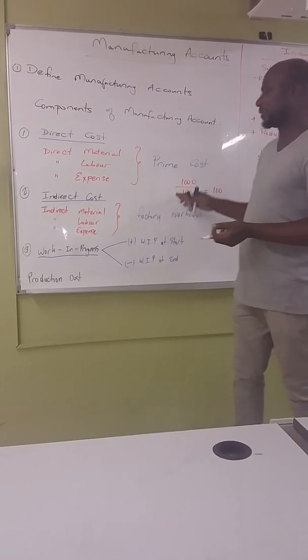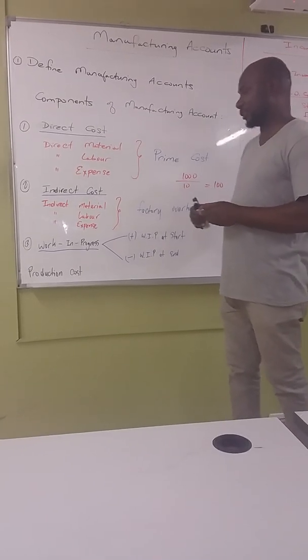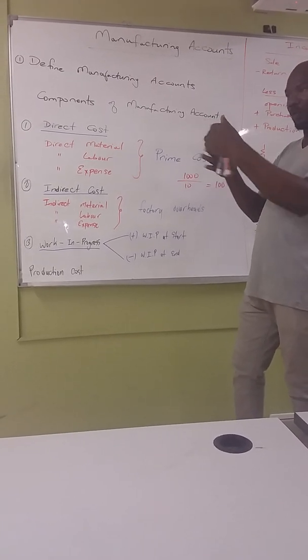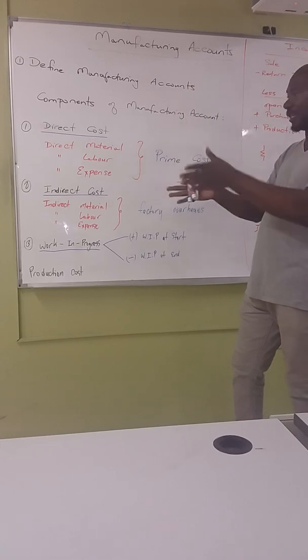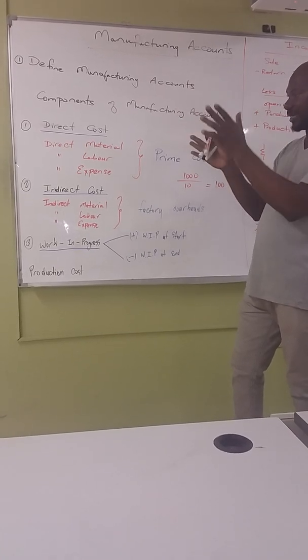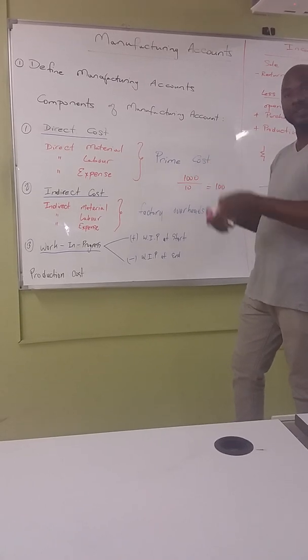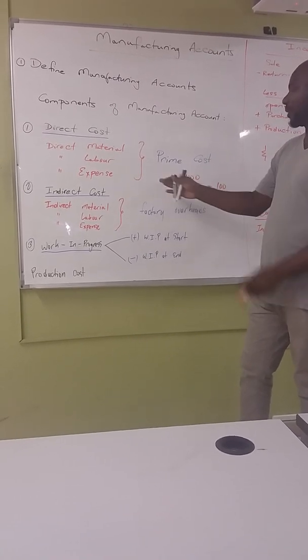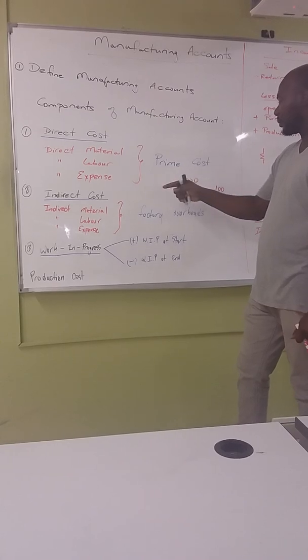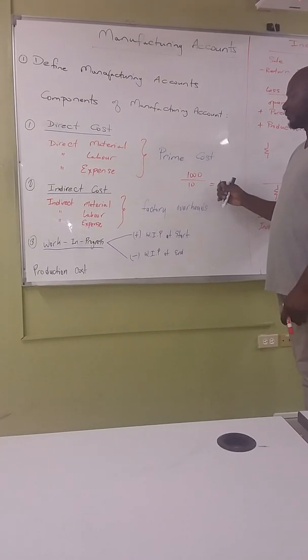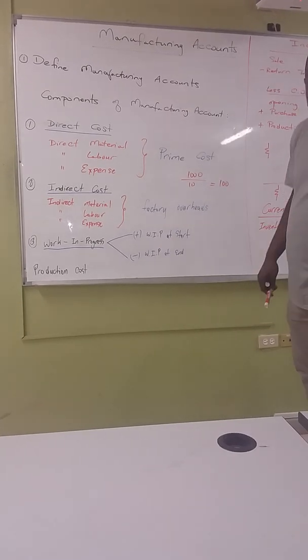So direct expense again can be easily traced back to production. So the bed foot or the dresser foot, you want it to be creative, not just flat. You want it to have a style and fashion about it. You have to send it to another company that has the machinery so that they can do so, and you're paying them $10 per. So if you pay them a total of $1,000, it's safe to say that they would have turned 100 of them for you.